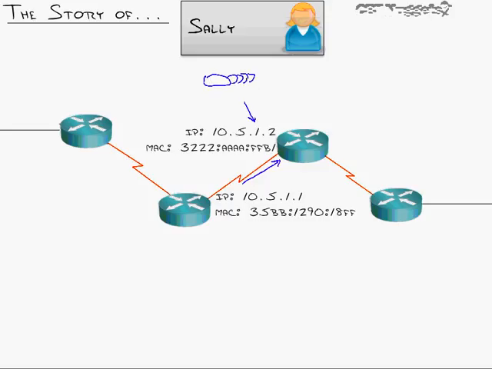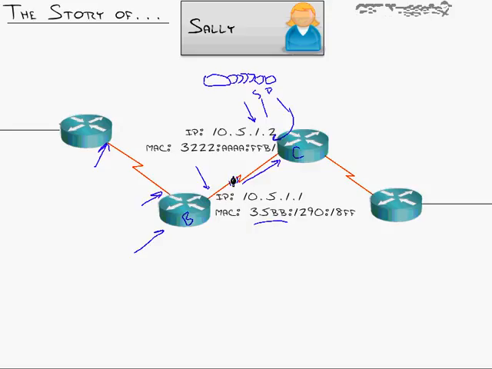Again, everything stays the same in that packet up to the source and destination MAC address. Again, as soon as this router receives it, it rips off the MAC address that was used to communicate between here and here and replaces it with the MAC address itself being the source, router B, this interface, and the router C we'll say in this picture will become the new destination MAC address.